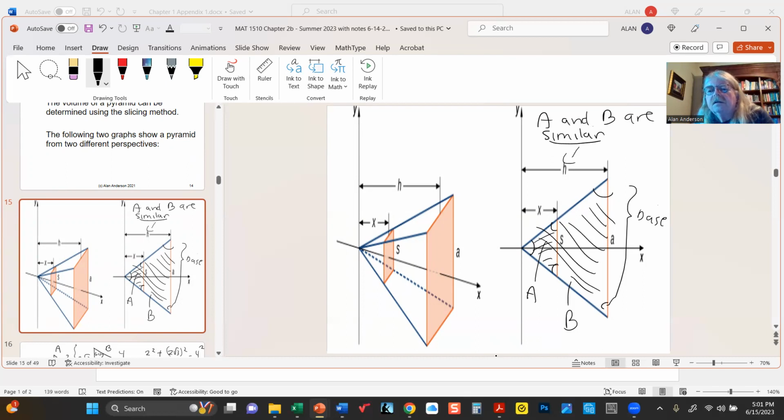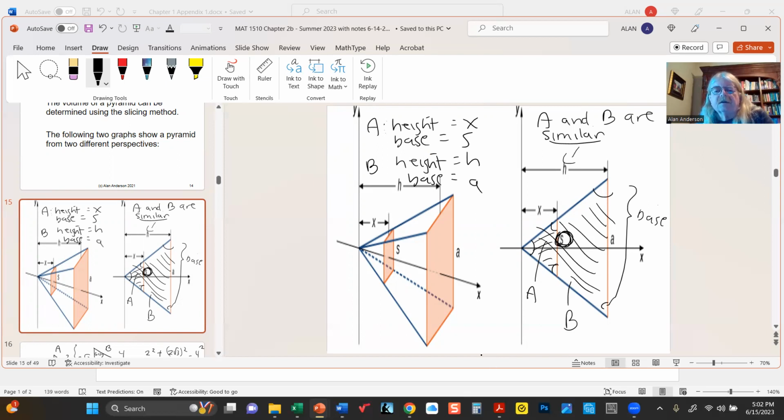Now, if you notice, for triangle A, the height is X. And it may be hard to see it in there. There's an S in here. So the height is X. The base is S. For triangle B, the height is H. And the base is A. So because they're similar, that implies that X over S equals H over A. They're similar triangles.